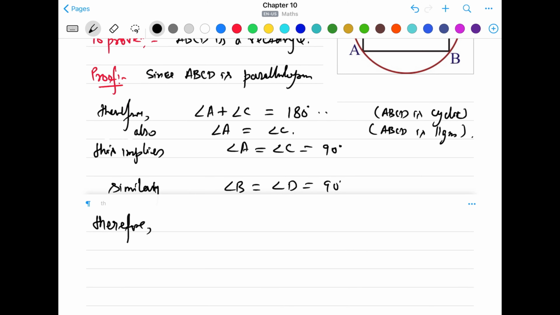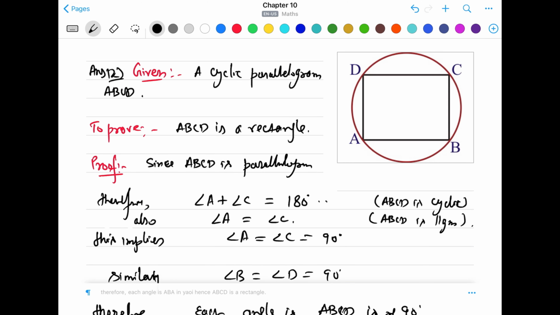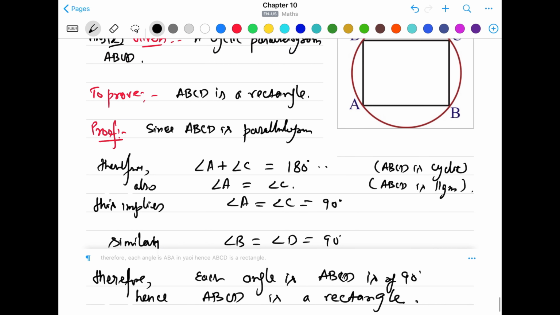Therefore each angle of ABCD is 90 degrees, hence ABCD is a rectangle. So we have proved the property of a rectangle, that all angles are 90 degrees, hence this parallelogram ABCD is a rectangle.